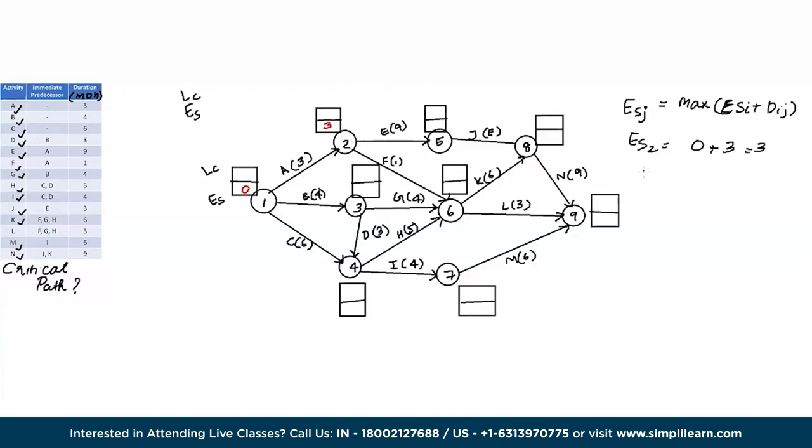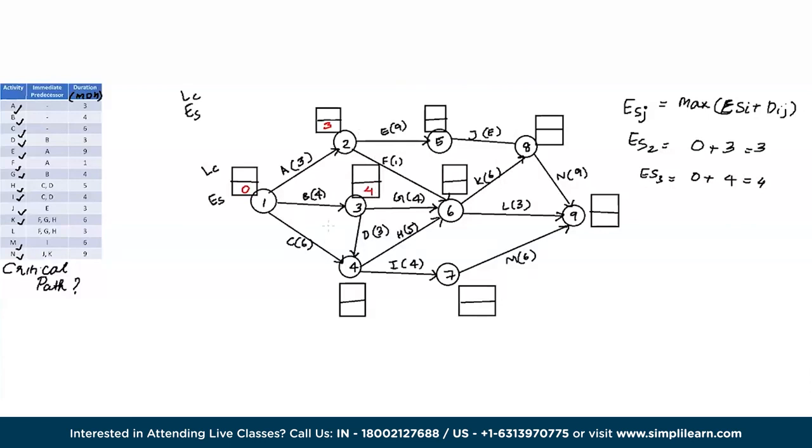Here the earliest start time for node number 3: 0 is the earliest start time of the previous node plus 4, which is the distance, which equals 4. Let's put that down here. So that's 4.